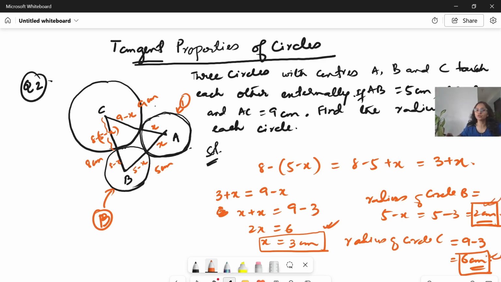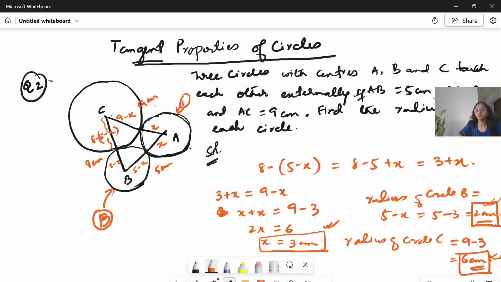What we have used over here, we actually have not used any of the theorems here. Just by using the radius concept, we are able to do it. So AB was given, BC was given, AC was given. If AB is 5, and if we take the radius of the circle A as x, which means the radius of the circle B is 5 minus x. That concept we are using. This is 5 minus x, this is 5 minus x.